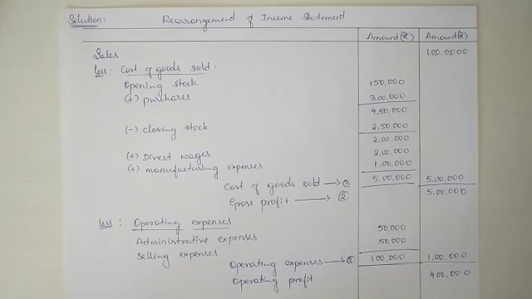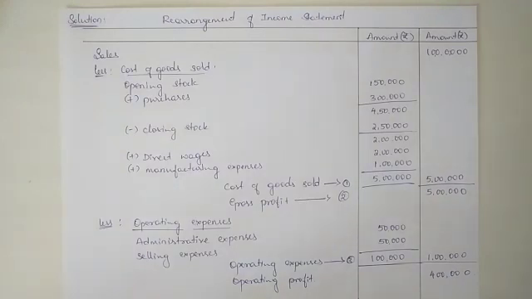For that reason, when the P&L account and balance sheet are given, and there is such a requirement, only then are we going to rearrange those statements. So with the help of the trading and P&L account, I am creating a statement for the income statement.